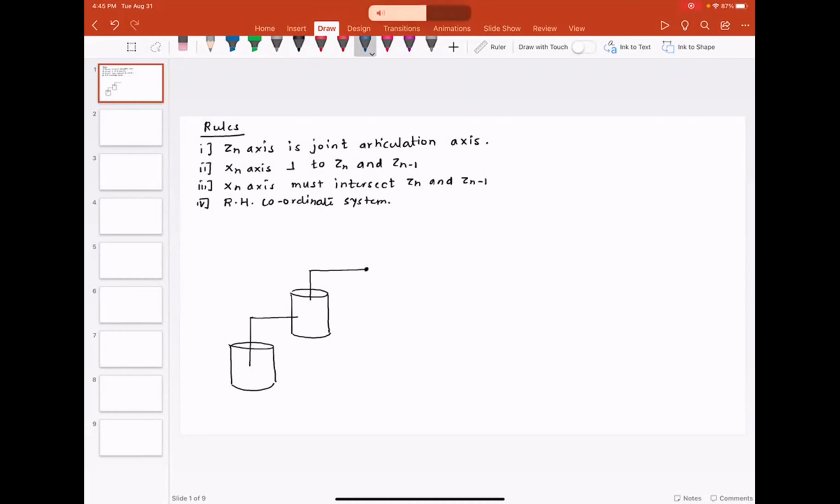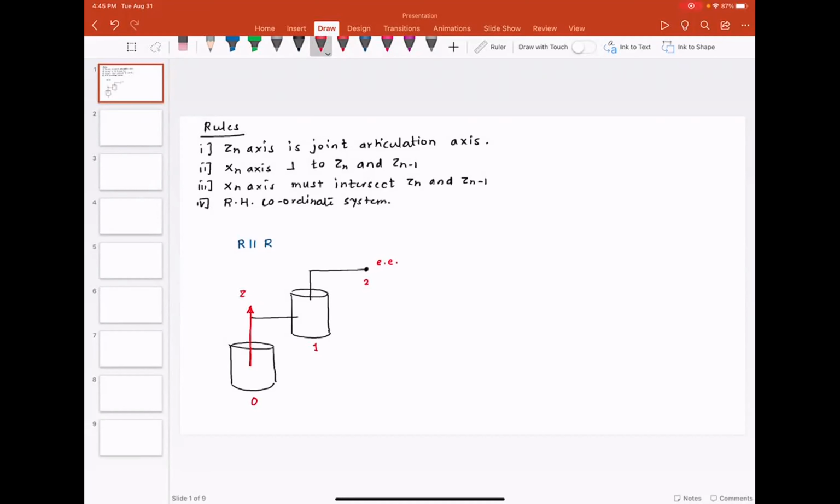So I'm gonna rewrite this as R, because you have the first revolute joint parallel to R. Now, first and foremost, applying rule number 1, I need to specify the 0th frame. So this is the 0th frame. This is the first frame. And I'm gonna add a second frame over here. This is the end effector.